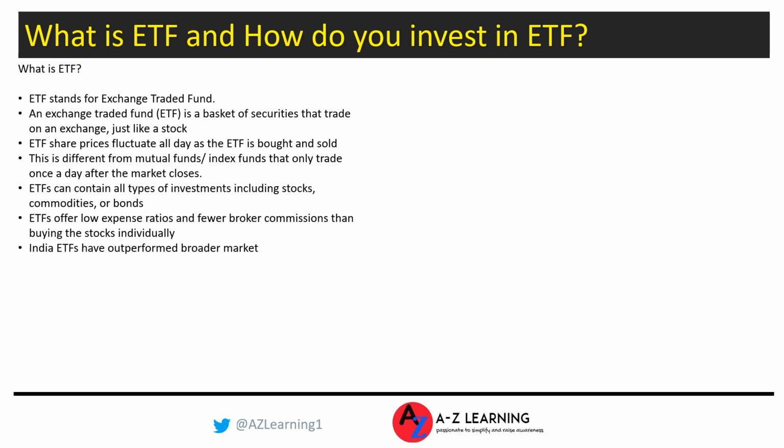So if you give, say, a mutual fund company 50,000 rupees, they'll take your 50,000 rupees on that day, but then they'll wait for the day to end when the markets close. They'll determine the price of their mutual fund unit, and then they'll apply that price to invest your 50,000 rupees. Whereas with an ETF, when you invest 50,000, your investment has happened straight away. So that's the main difference.